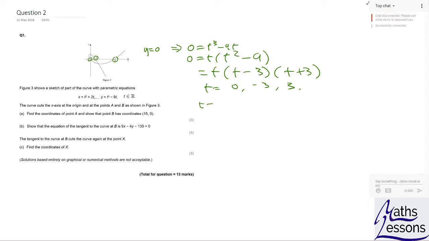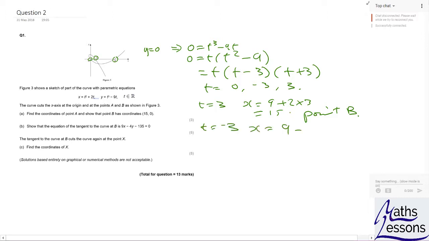So when t equals 3, x will equal 9 plus 2 times 3, which is 15. So that's point B. And when t equals minus 3, x will equal 9 minus 6, which equals 3. So therefore, A is going to be the point 3, 0. And obviously t equals 0 gives you 0 squared plus 0, which gives the x value 0, which is the third point there where it crosses the axes.